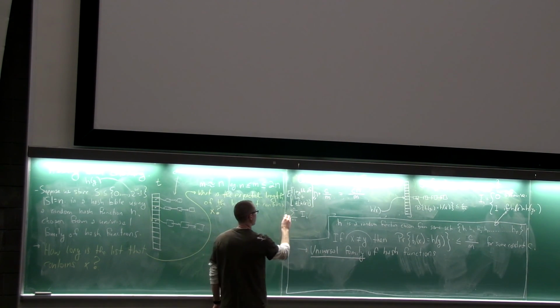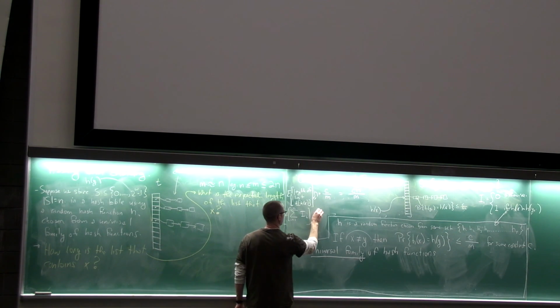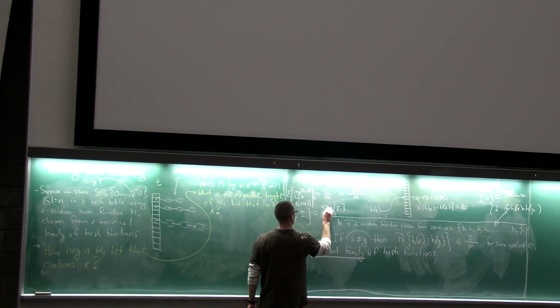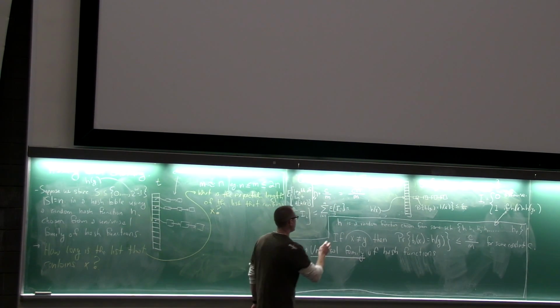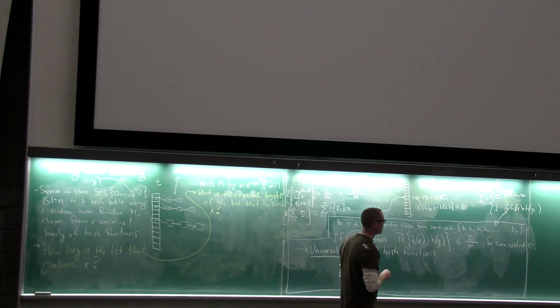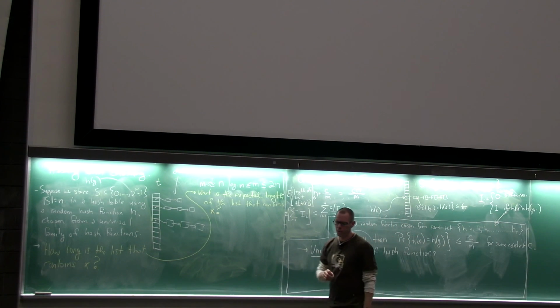And the expected length of the list is the expected value of that sum, which is the sum of the expected values. And then finally, these expected values are easy to compute because we know exactly the probability that this thing is equal to 1.